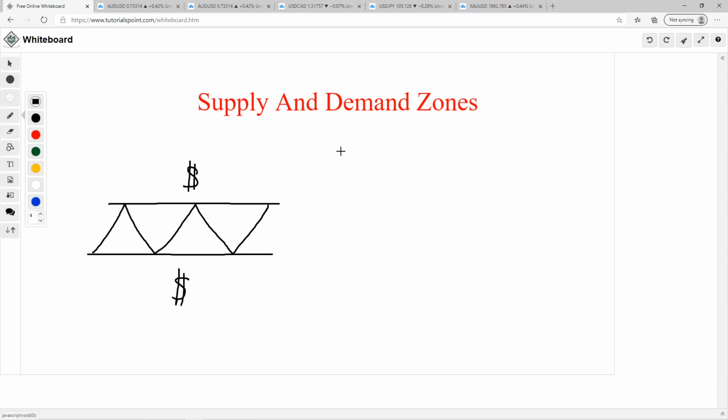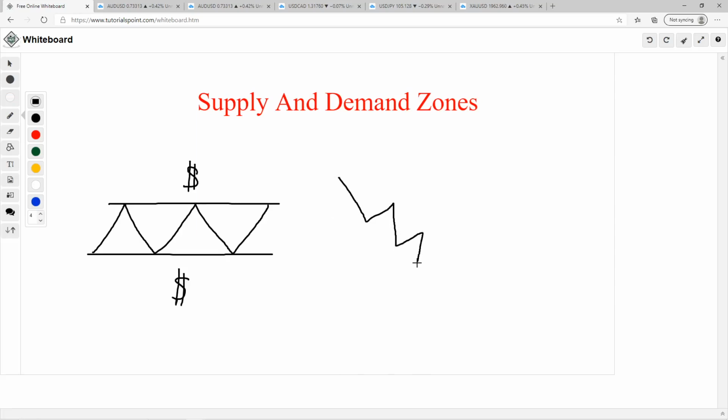Supply and demand is based around you actually looking to catch a strong directional move. If you're looking to trade support resistance, it's usually going to be back and forth movement, or maybe a retest in a certain direction.